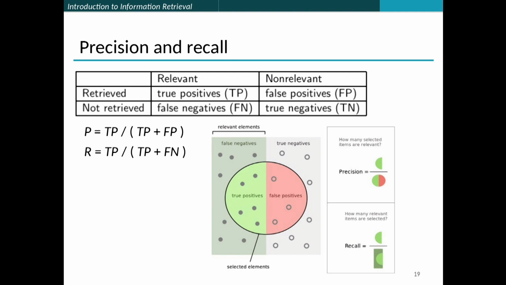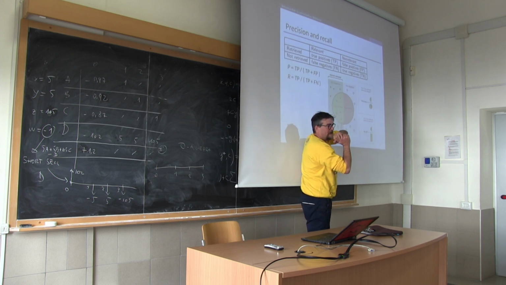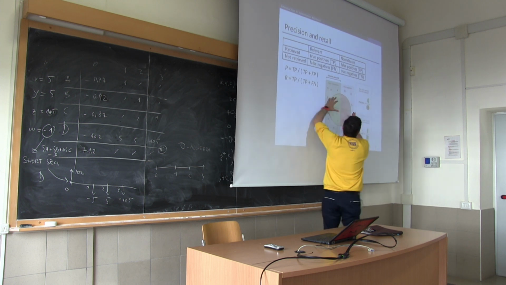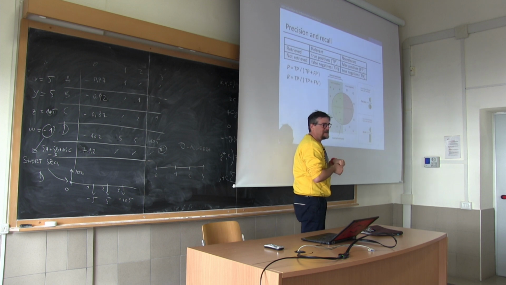In this picture you can see the difference in the denominator. In the precision, I consider all the retrieved documents, and I'm only interested in evaluating the fraction of the retrieved documents that are relevant.